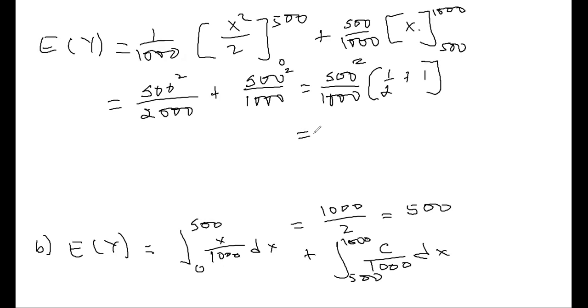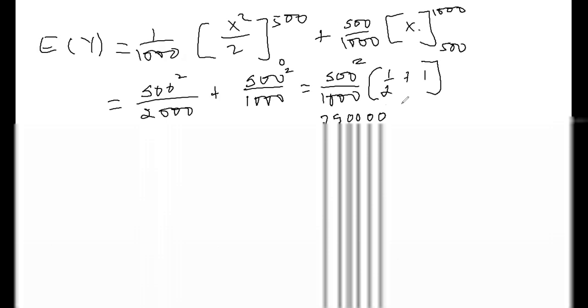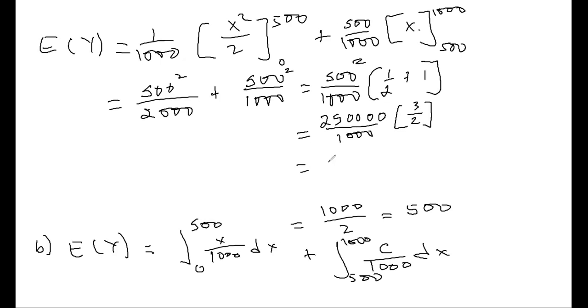So this is 500 squared over 1,000, which is 750 over 2, 350. So with a cap of 500, the expected payment amount is 350.